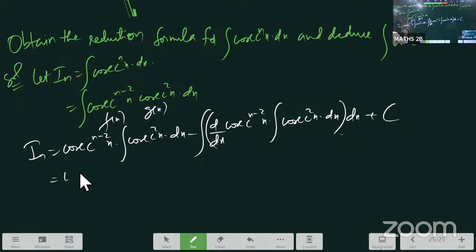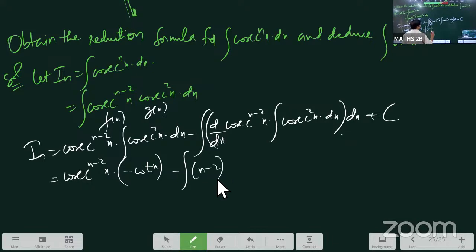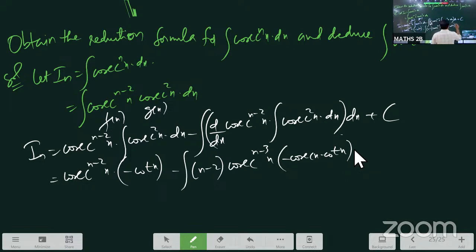That is cosecant power n minus 2 x into integration of cosecant square x, which is minus cot x, minus d by dx of cosecant power n minus 2, which is n minus 2 into cosecant power n minus 3 x. Again, the derivative of cosecant x is minus cosecant x into cot x. Again, integration of cosecant square x is minus cot x. Is it clear?